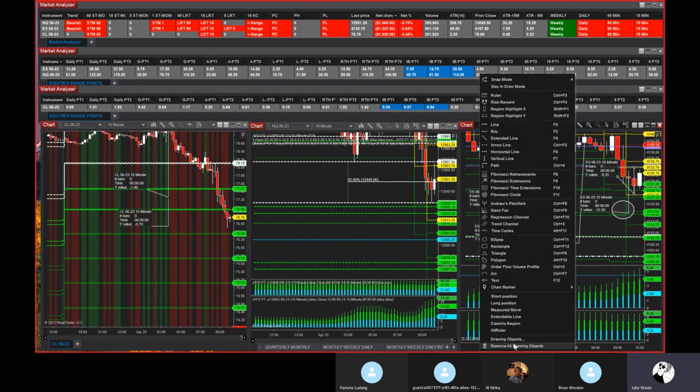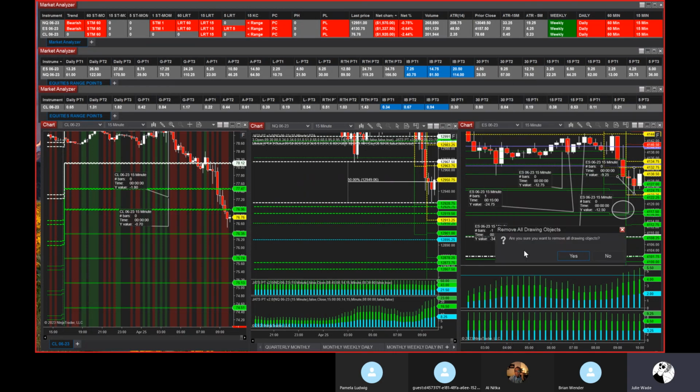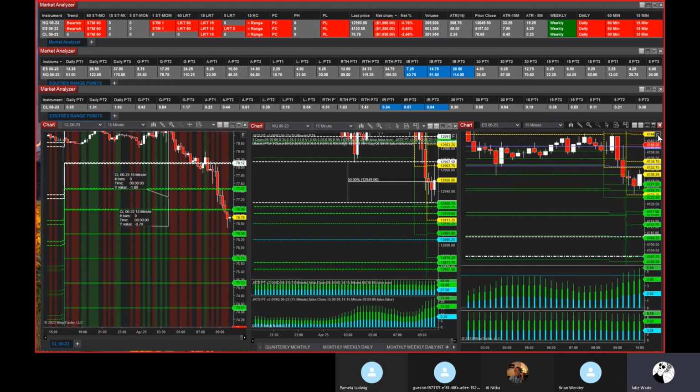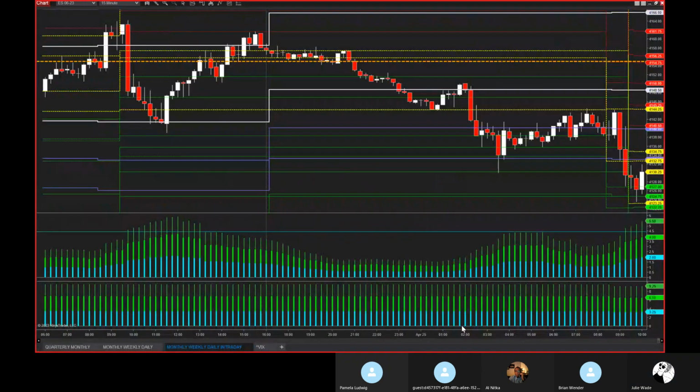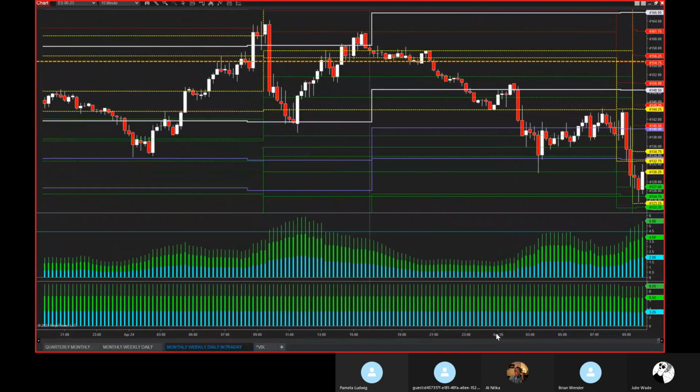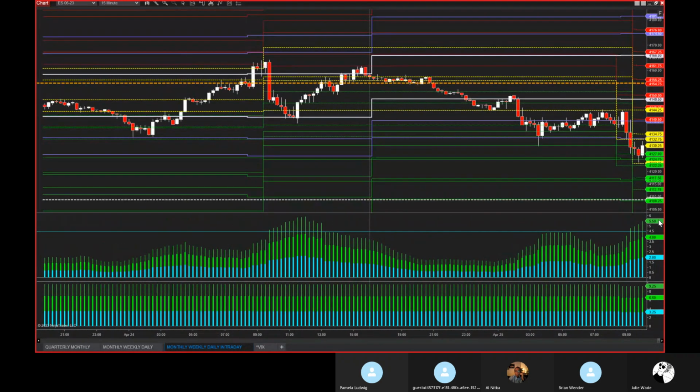So I'm going to remove all my drawing objects. That sure did look cluttered. Just very much behaving inside these ranges.